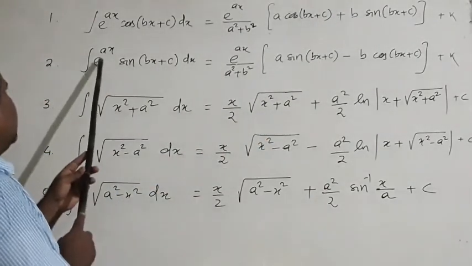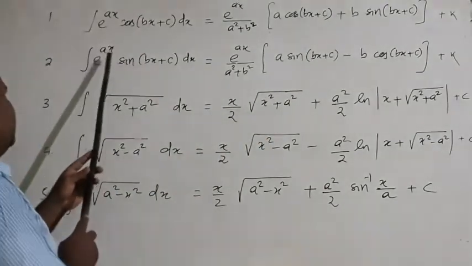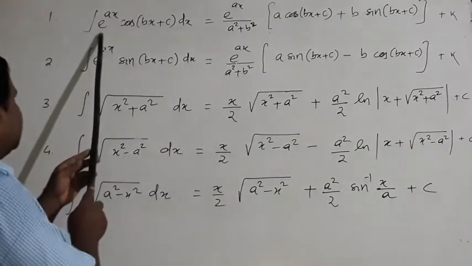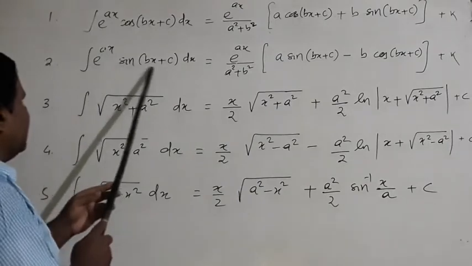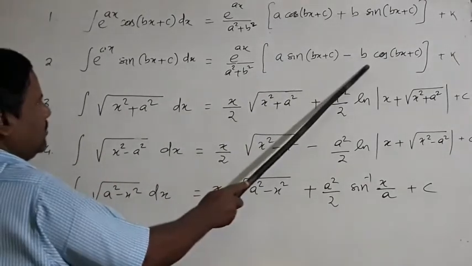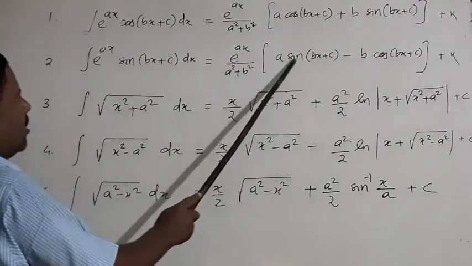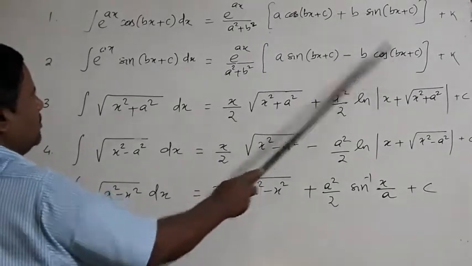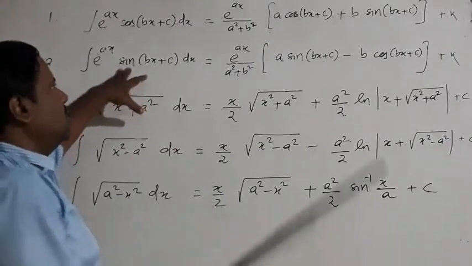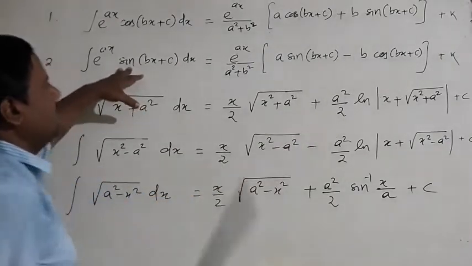And for e to the power ax sin bx, similarly, e to the power ax by a square plus b square. Taking this a, it is a sin bx plus c. And if it is a, then it should be b cos, minus b cos. Why minus? Because the integration of sine is minus cos. So minus b cos bx plus c.